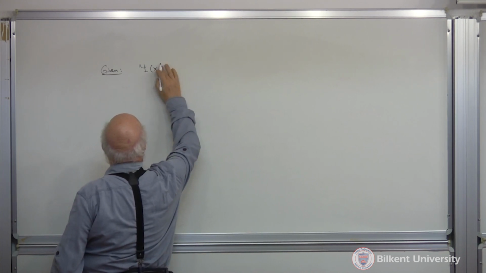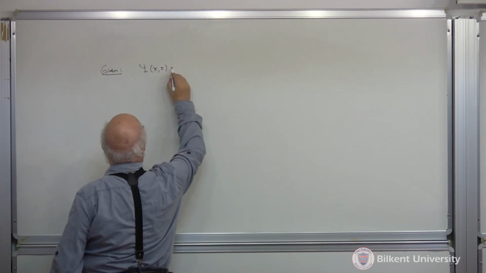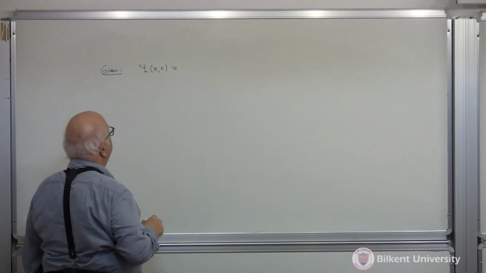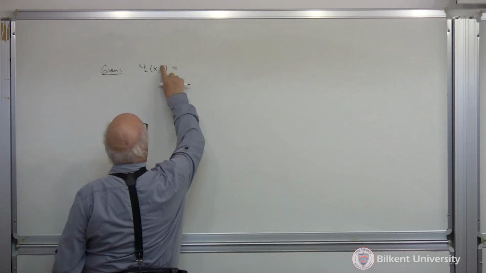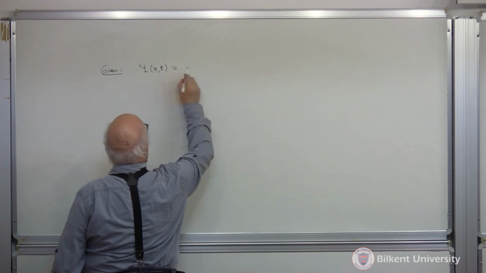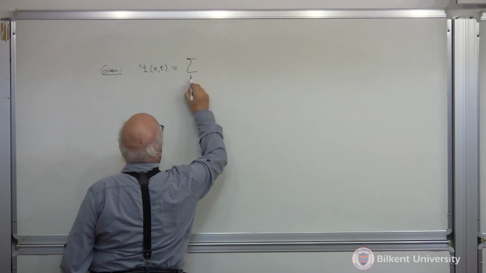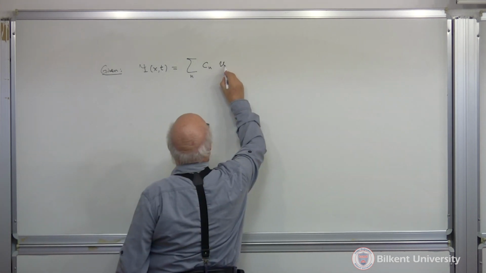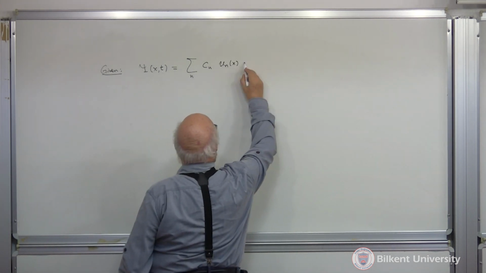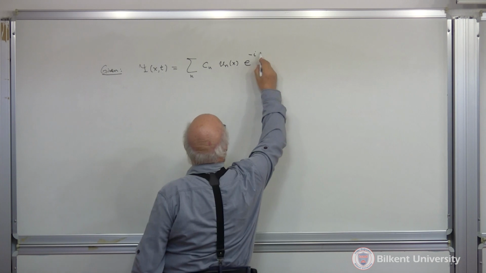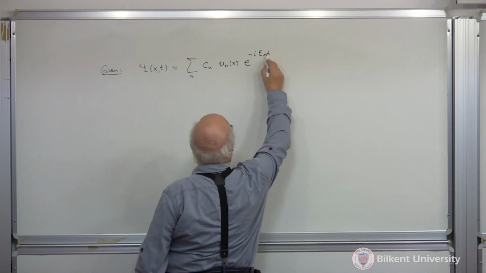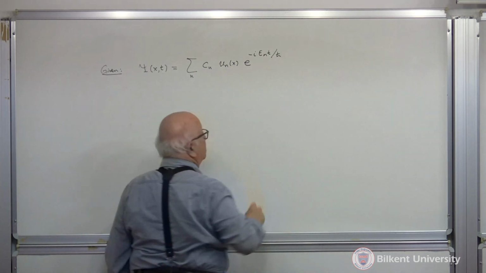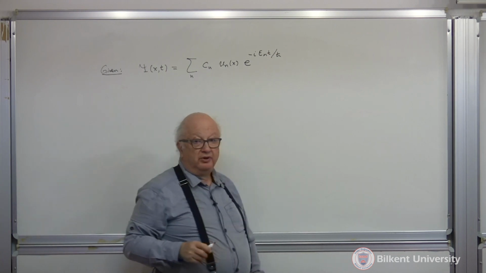Well, let's start with the initial condition first. I'll take the general case. So it's going to be some sum of C_n u_n(x), and then I know that the time dependence must come in as e^(-iE_n t/ħ). Okay?